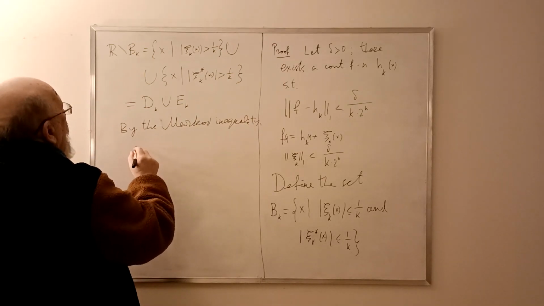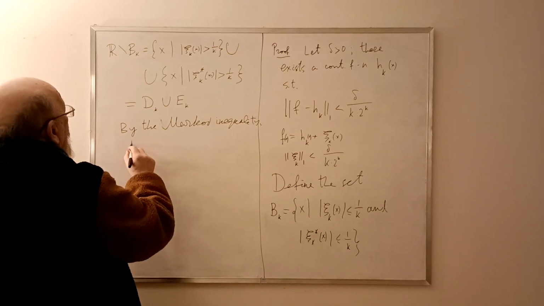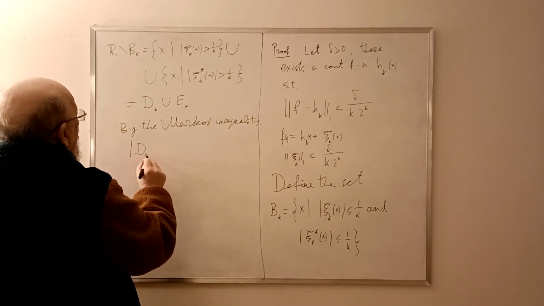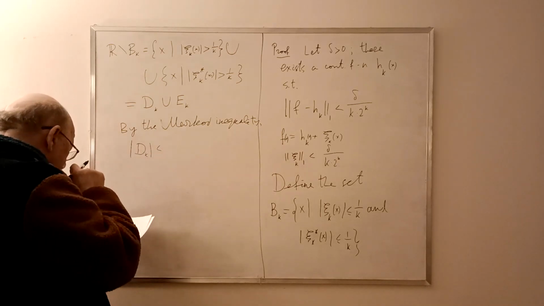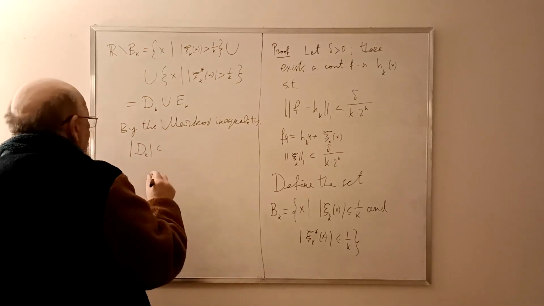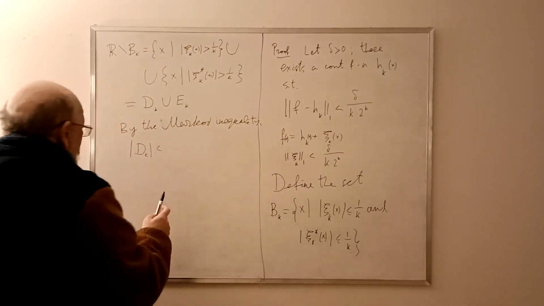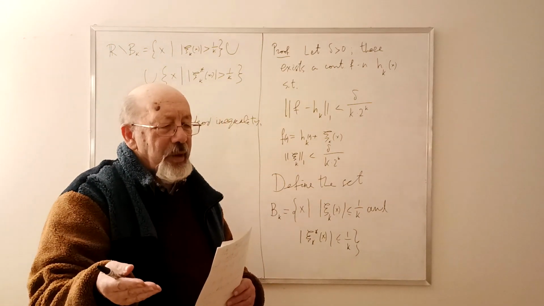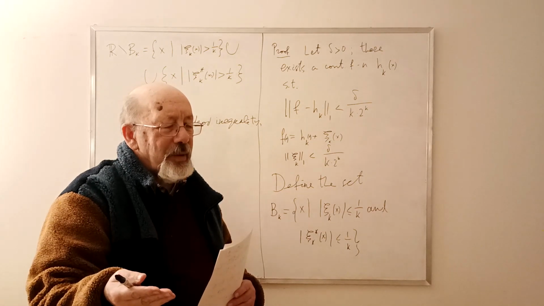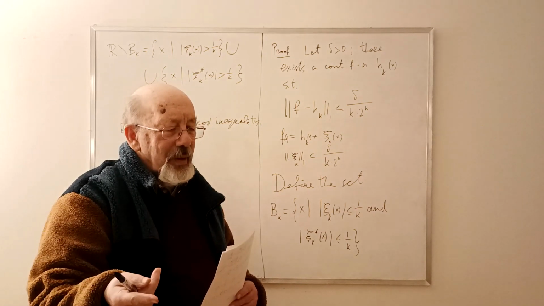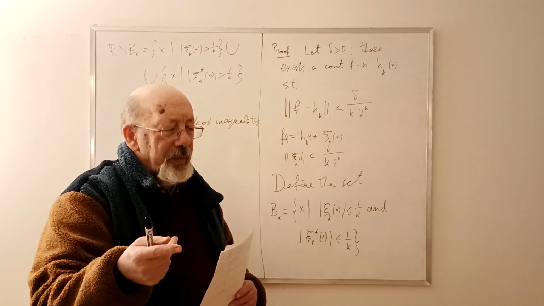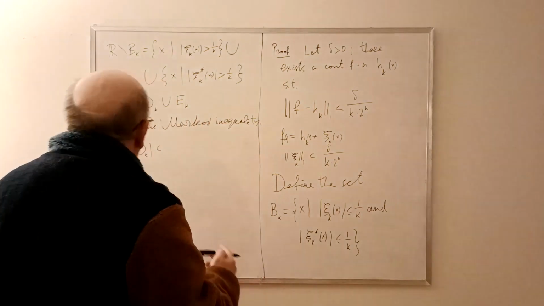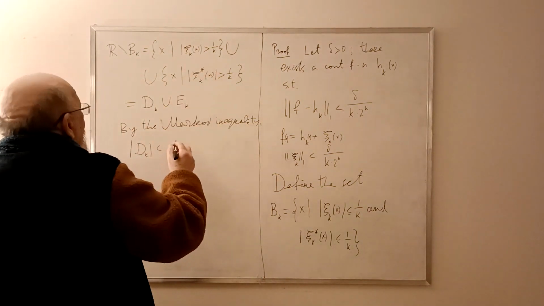the measure of Dk is less than, by the Markov inequality, the measure of the set where the function is more than c is less than 1 over c times the L1 norm. Here c is 1 over k.